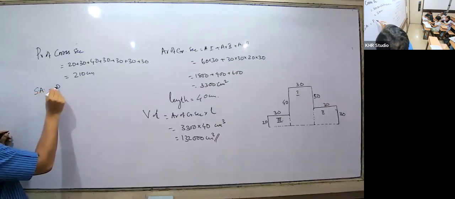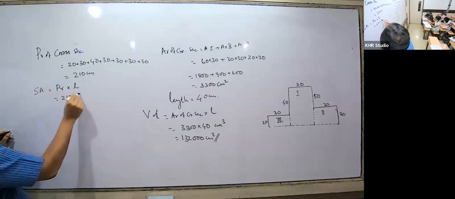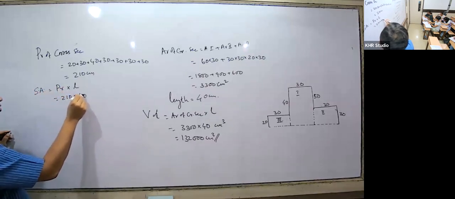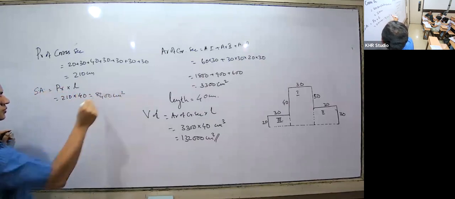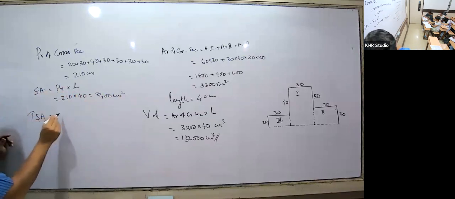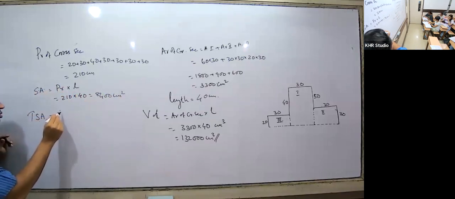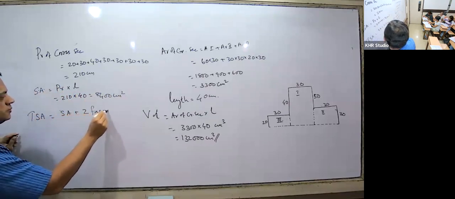Okay. Therefore, surface area is equal to perimeter multiplied by length. That is 210 multiplied by how much? 40. How much? 8400 centimeters square. Total surface area is equal to surface area plus 2 faces. Yes or no? Yes.